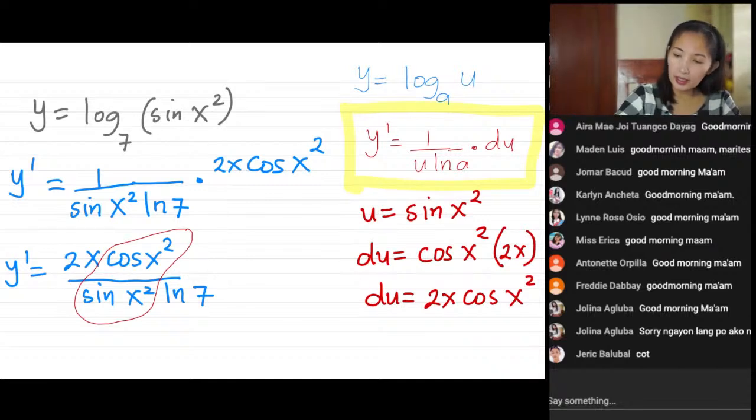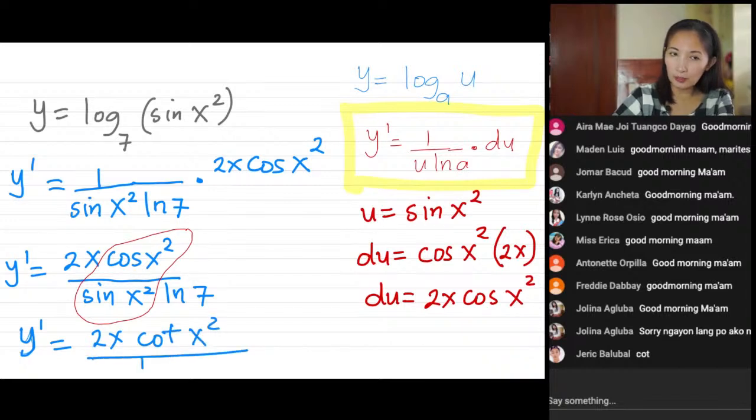So finally, you can express the answer as y prime equals 2x cotangent x squared over the natural logarithm of 7. 2x cotangent of x squared all over the natural logarithm of 7. Okay? Next problem.